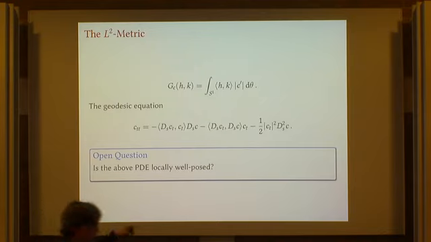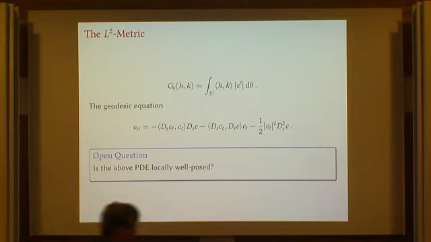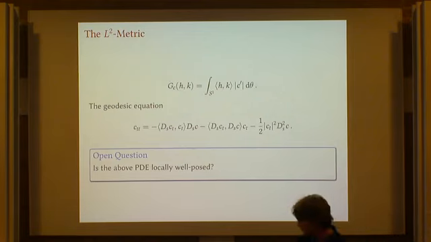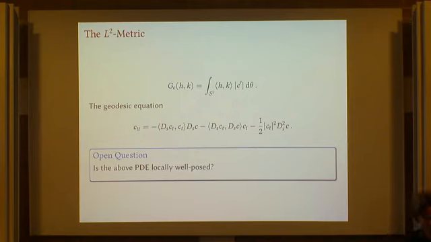That's a geodesic, which is a critical point of the energy of the path. In finite dimensions, you have just the time variable and finitely many coordinates, and then you get an ODE. Here you have the time variable and infinitely many coordinates, and so you end up with a PDE.